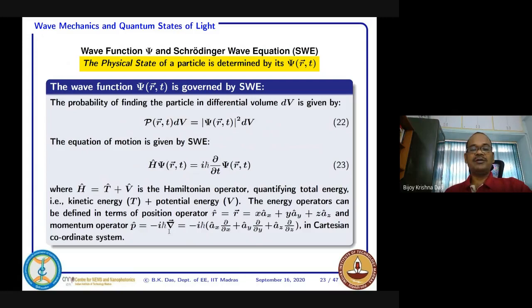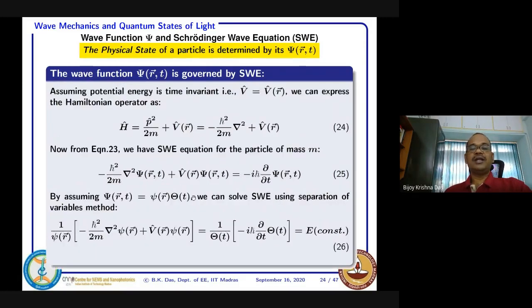So the P squared operator is minus i h bar del dot del, which is minus h bar squared del squared. So it is minus h bar squared over 2m del squared, plus V(r) as it is. So the Hamiltonian operator you can express like this. Del squared means del squared over del x squared, plus del squared over del y squared, plus del squared over del z squared, a scalar. Of course V(r) is position dependent, and in the Cartesian coordinate system, r can also be written as V(x,y,z).